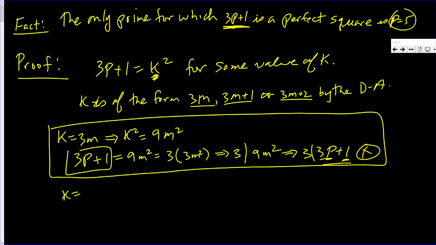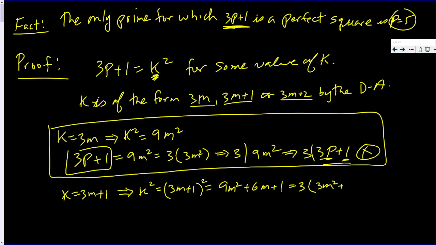Well, what if k is of the form 3m plus 1? That implies that k squared will be 3m plus 1 all squared, which is 9m squared plus 6m plus 1, which is 3 times 3m squared plus 2m, plus 1. And we want k squared to equal 3p plus 1.